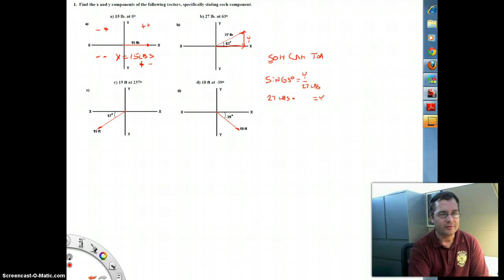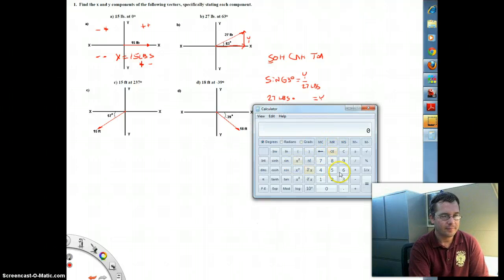So let's use our calculator and look up the sine of 63 degrees. We're in degrees mode, and the sine is 0.89. We're going to multiply that by 27, and we find that the y component is about 24 pounds.